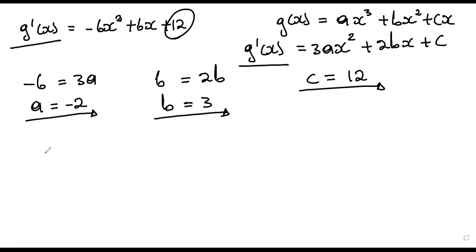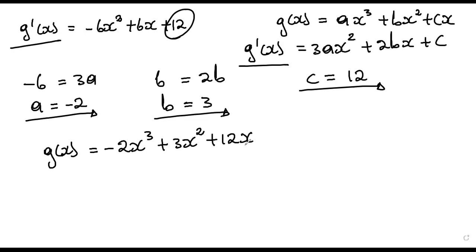So then you'll tell them, okay, this means g of x is supposed to be ax cubed plus bx squared plus cx. So this is the equation of the cubic function. Yes, there's not much you had to do for this one.